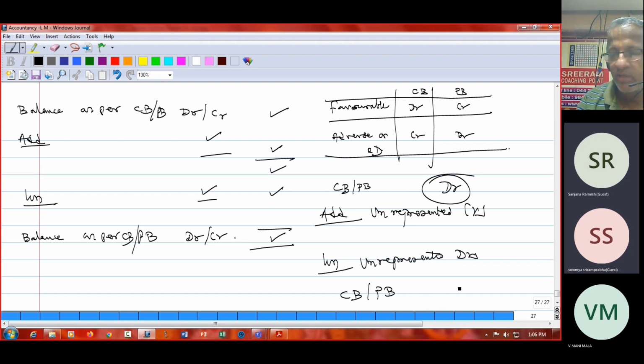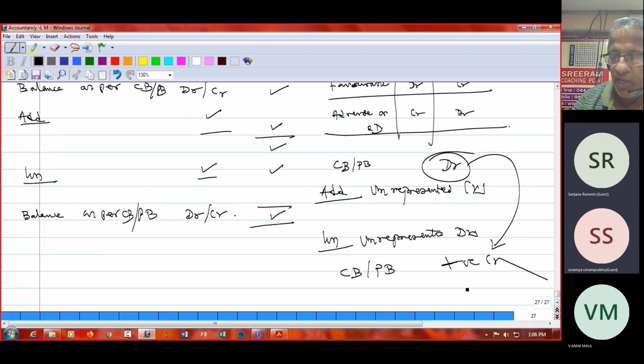The arrival balance, cash book or passbook, I'm not really worried. If this result is positive, opposite of this we will be writing. If this is turning out to be negative, the same balance we will take up.